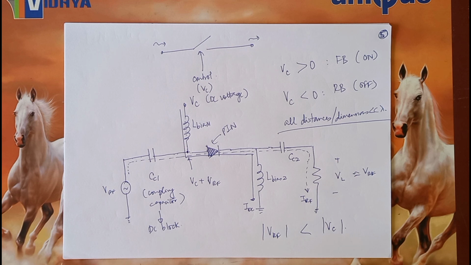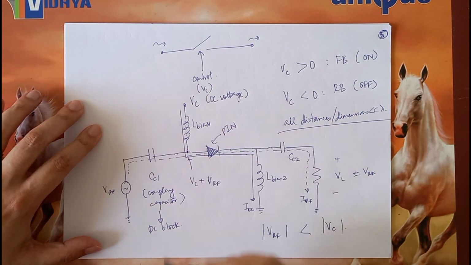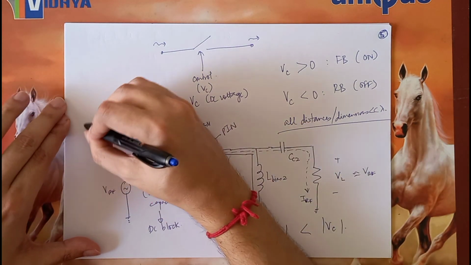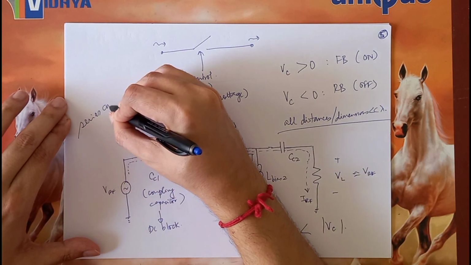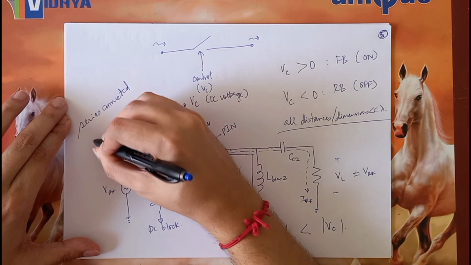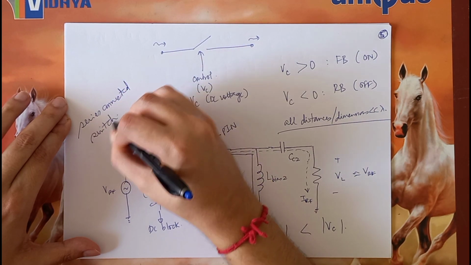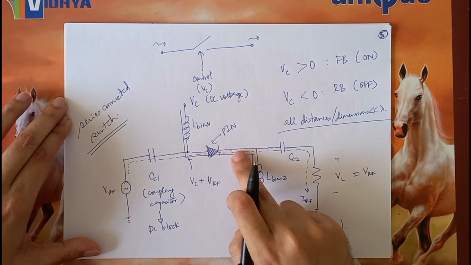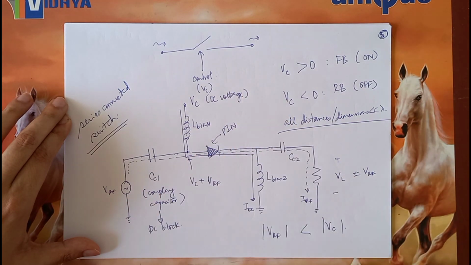So this is a very simple way through which we can make a controlled switch using a PIN diode. Now this is also called a series connected switch. Because the diode is in a series connection, you can make a very simple modification to this circuit and have the diode in the shunt configuration also.